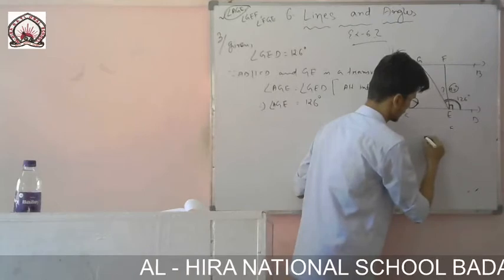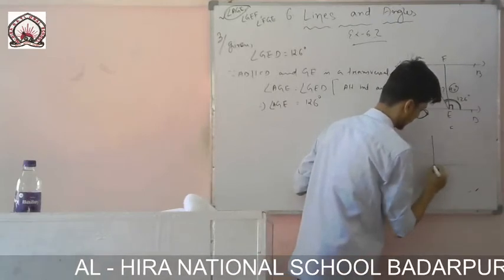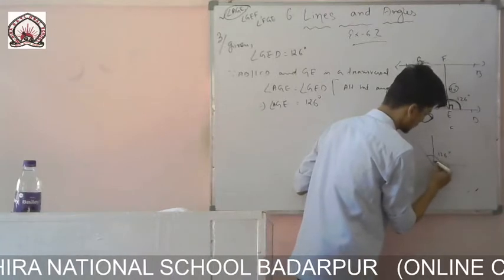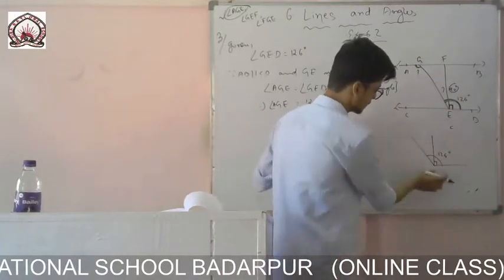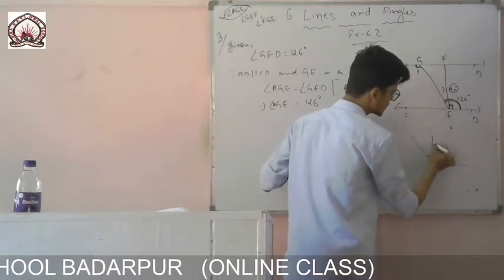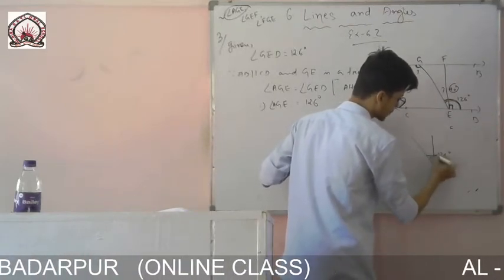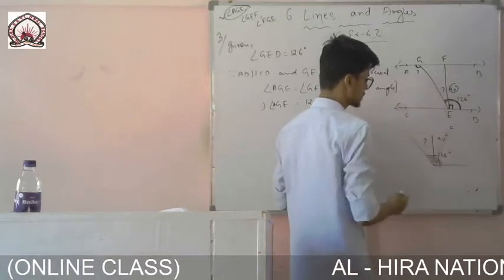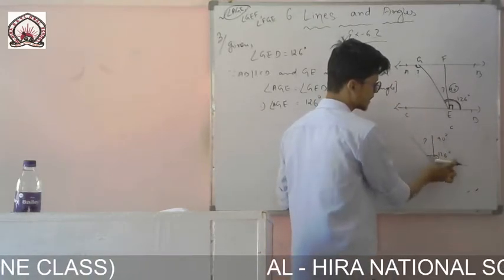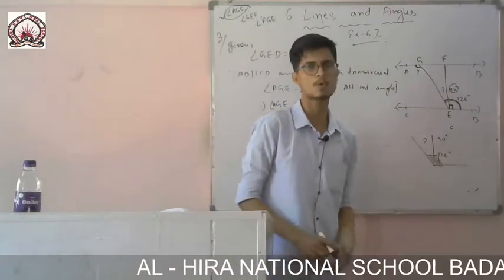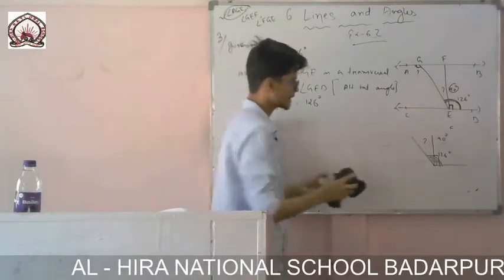See here, let me draw it like this. 126 is given, and the measure of this part is 90, the whole angle is 126, and this part is perpendicular. The question is to find this one, so 90 plus this angle will be equal to 126.